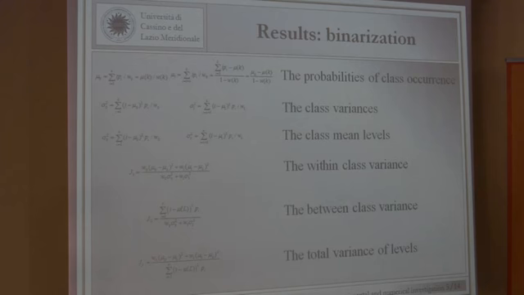We classify the levels in different variances, and finally we check the total variance, that is the parameter that we use to find a sort of threshold where we can define the presence of metal or presence of graphite. It's an automatic process to define a threshold.